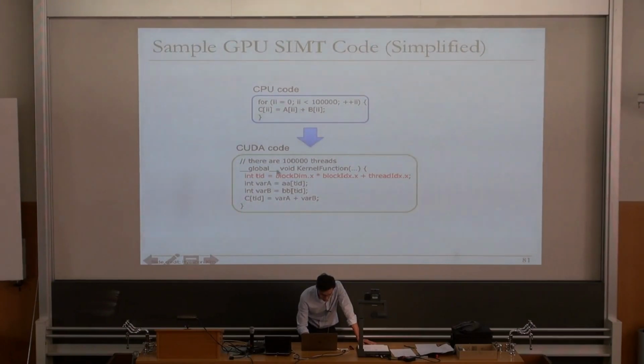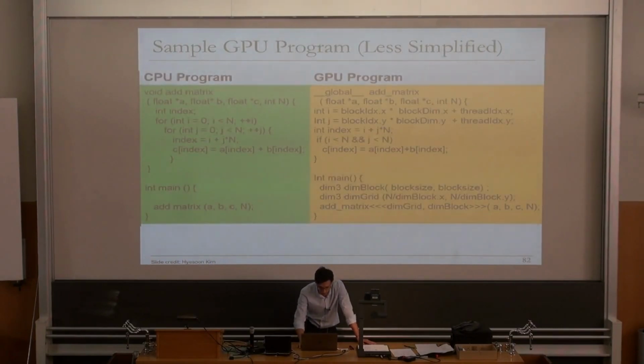Observe that instead of having a loop, as we have in the sequential code, what we have here is a thread ID. We calculate this thread ID, and then we will be accessing in A, B, and C the corresponding elements of the arrays by using this thread index. Here you have very similar code, with a little bit more detail.